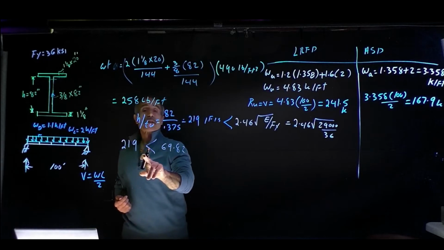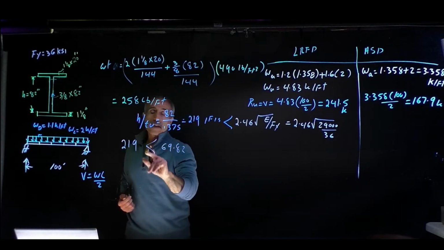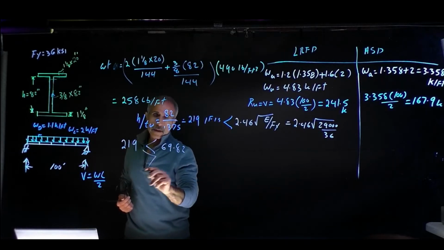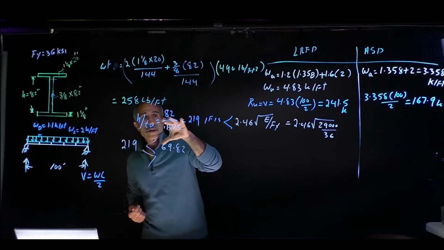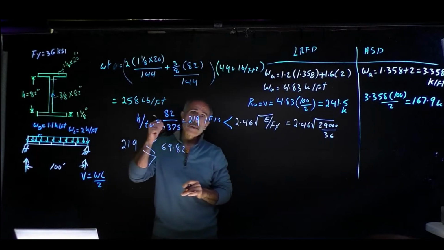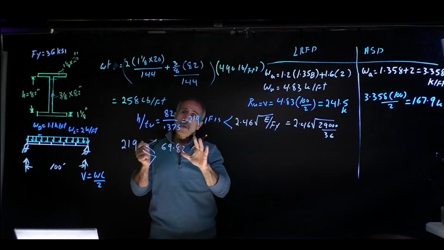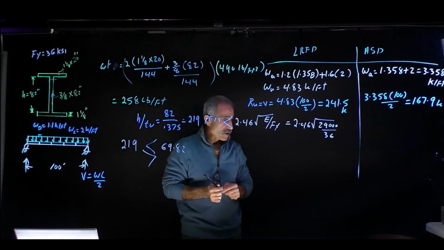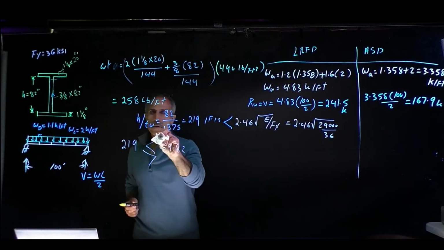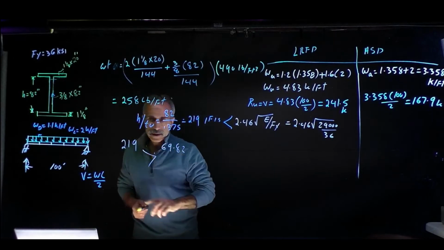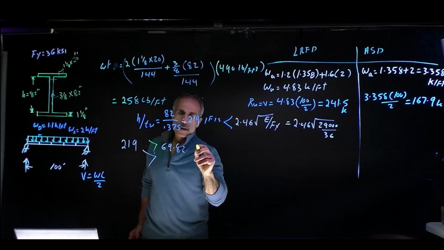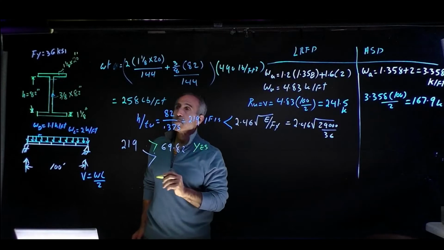It's not. Therefore, obviously it's bigger, and that means we require stiffeners. So condition 1 is satisfied. However, we have to continue with the equations shown in section G2. Since this came out bigger, we say yes to stiffeners.